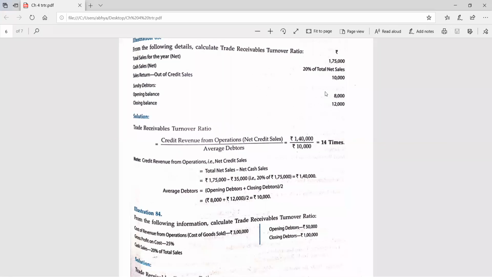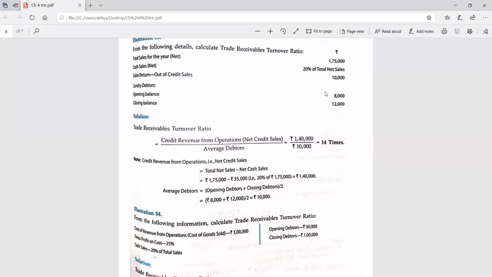Now put the values and take the net sales as X, do the side interchange, and you will be able to find out the value of sales. Sales will be 3,75,000. Gross profit is 25% of 3 lakh, it means 75,000. And sale is equal to cost plus profit. So cost is 3 lakh, profit is 75,000, so it will be 3,75,000.